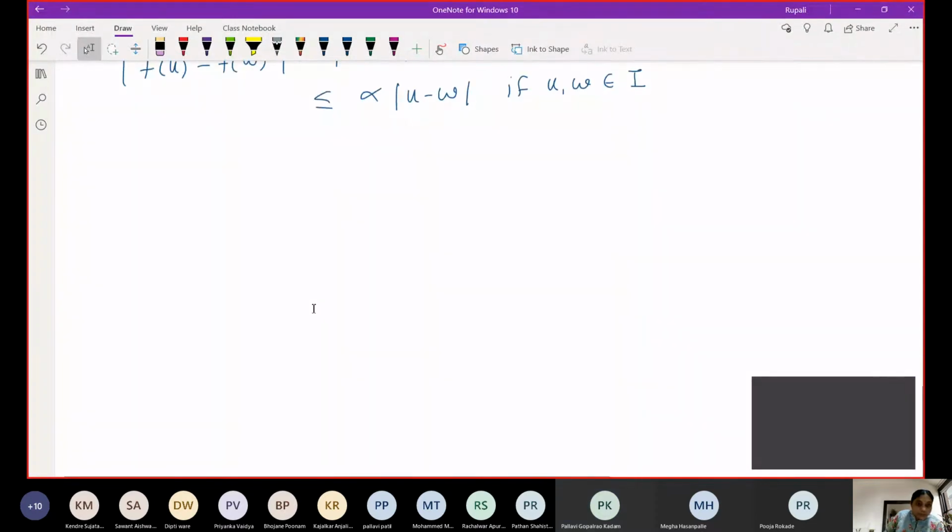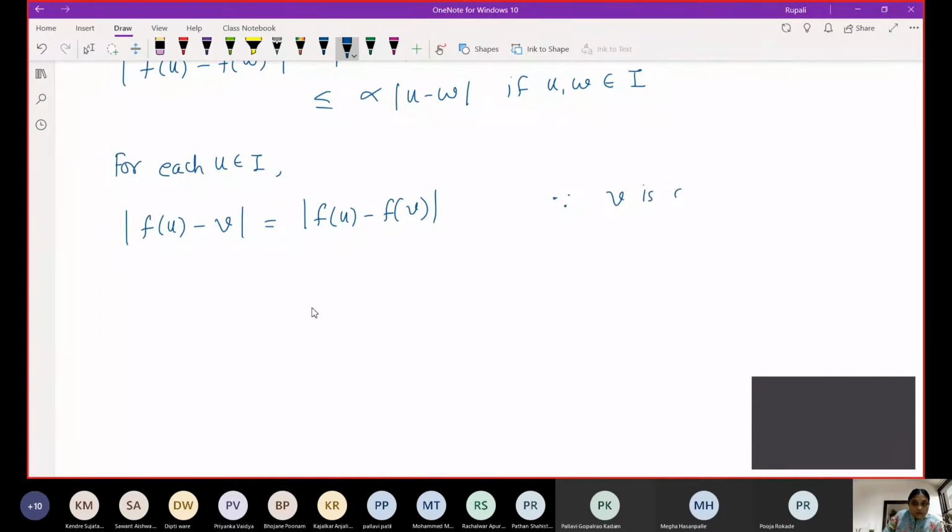Now for each u in I, what is fu minus v? V is a fixed point of f, so fv is equal to v.